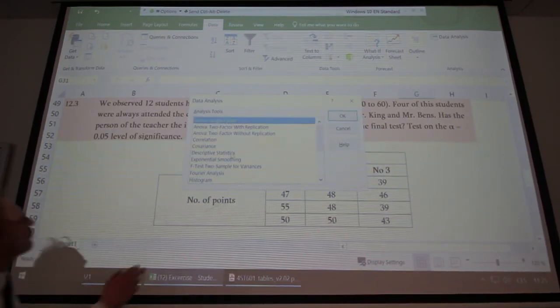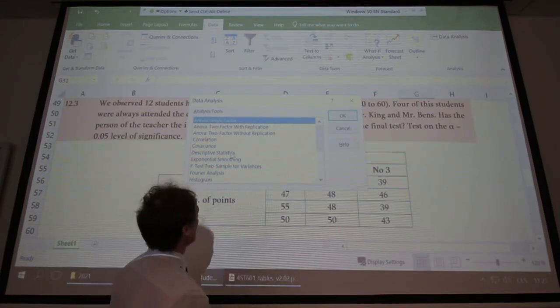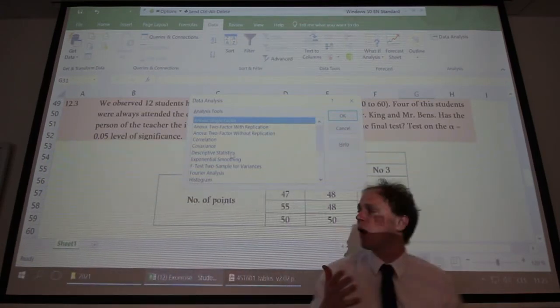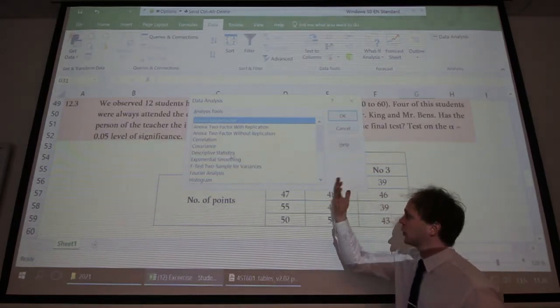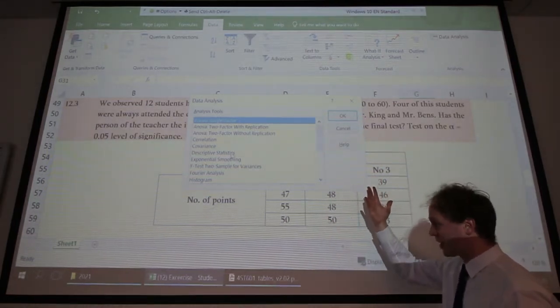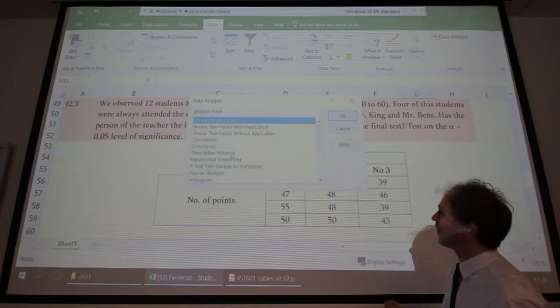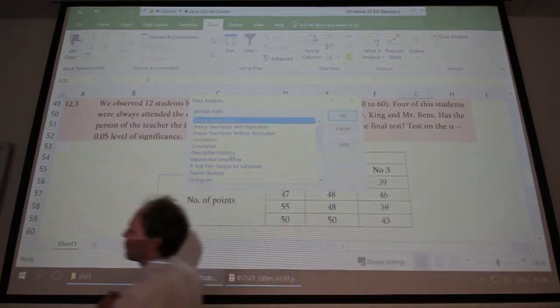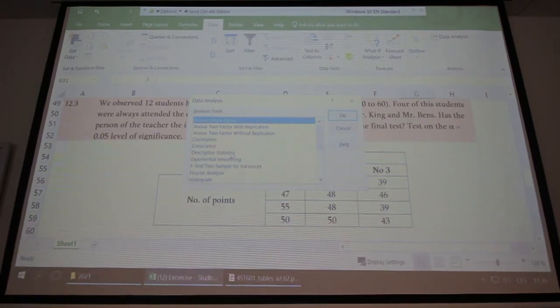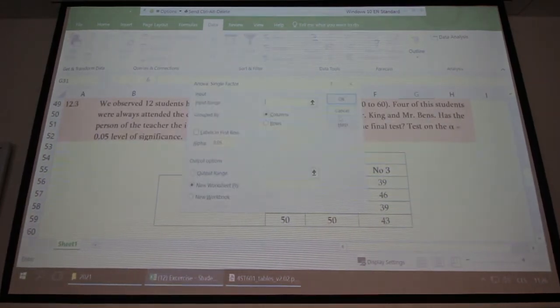ANOVA single factor, because we have here only one factor, and this factor is teacher. The influence is teacher on the number of achieved points. Okay, so ANOVA single factor, you will see that it's very easy.